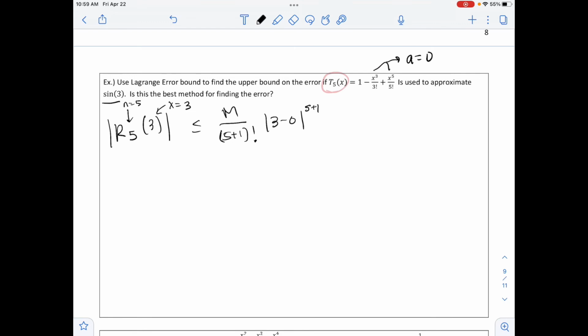So this will be equal to M over 6 factorial times the absolute value of 3 raised to the 6th power.